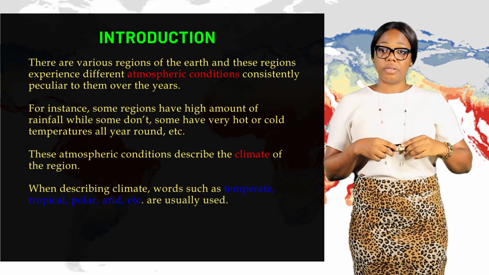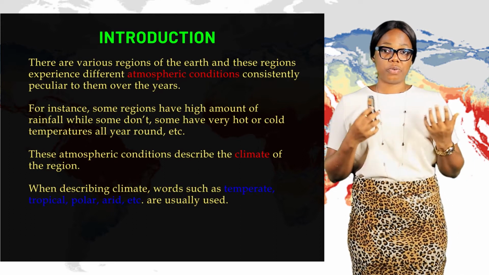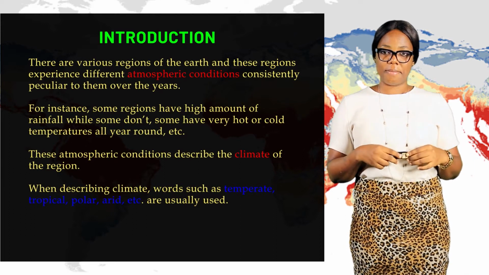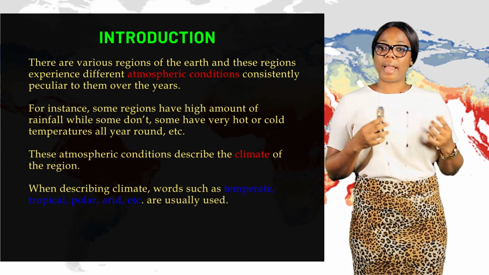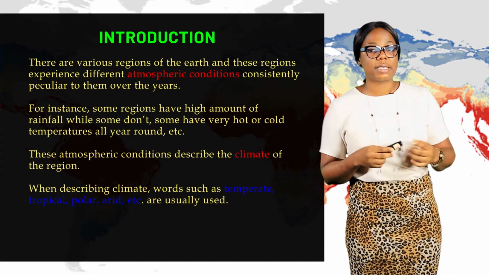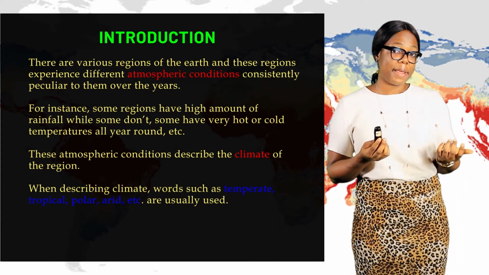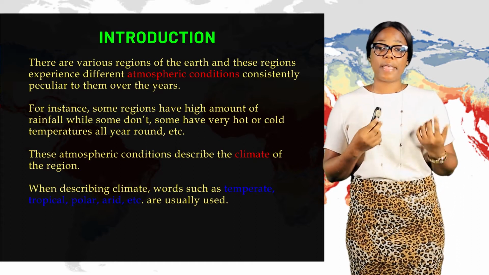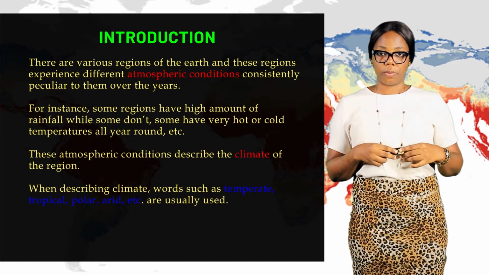These atmospheric conditions experienced in these regions describe their climate. In order to describe climate, certain words are used, such as arid, dry, polar, temperate, and tropical.